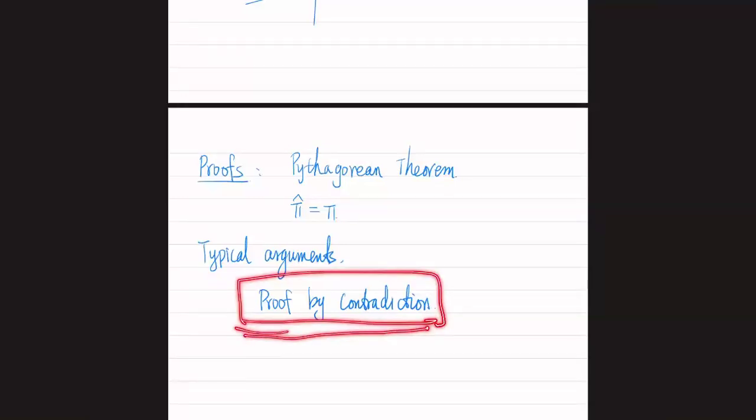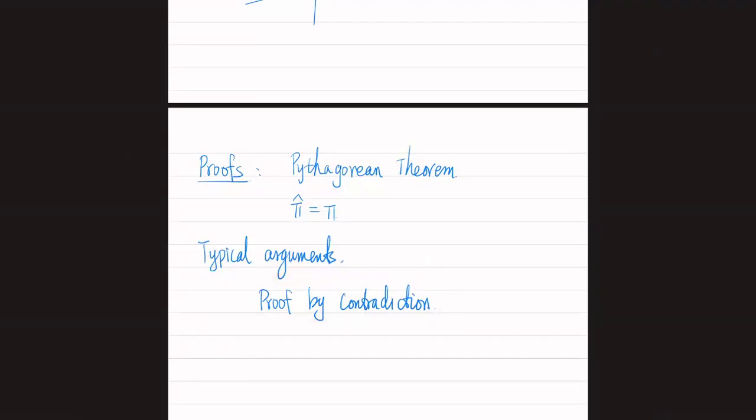Have you seen proof by contradiction before? No, you haven't. Okay, Amy, do you know the Chinese term for this one? Not really. Okay, Aaron, you know it, I think. I know how to speak Mandarin, but I don't know how to read Mandarin, so yeah.